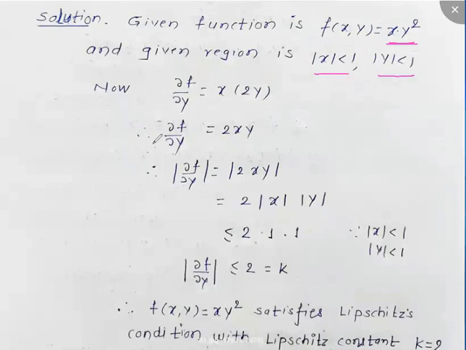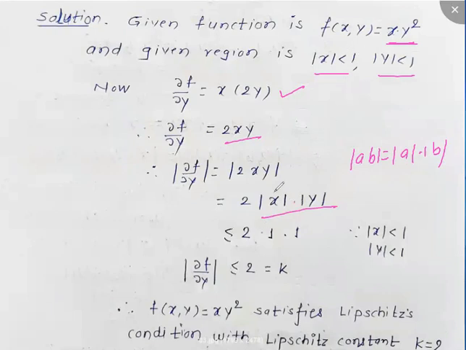So we use this technique: find the partial derivative with respect to y. It is x into 2y, so 2xy. What is the modulus of this partial derivative? It is modulus of 2xy. 2 is constant, so 2 mod x into mod y, because mod of a into b is mod a into mod b, so we can separate this product.